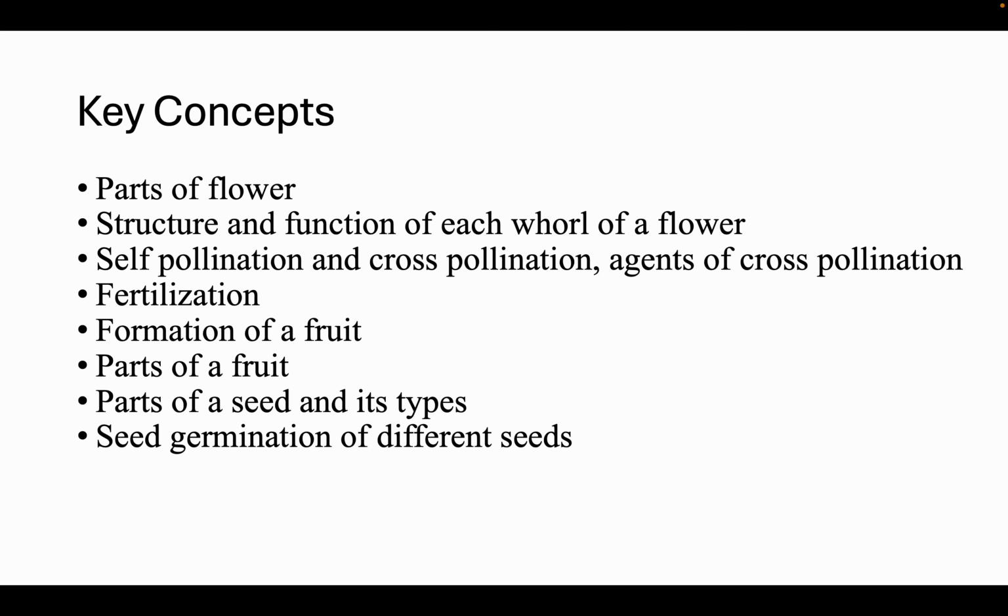So it's just one extra page added to this chapter, that's it. And we'll be studying fertilization, formation of a fruit, parts of a fruit, parts of a seed and its type, how the seed germinates, seed germination of different seeds. Okay.